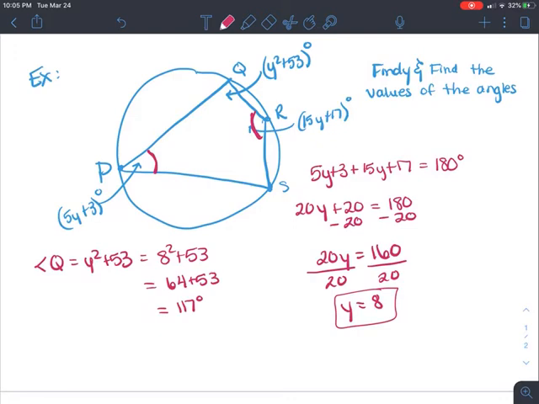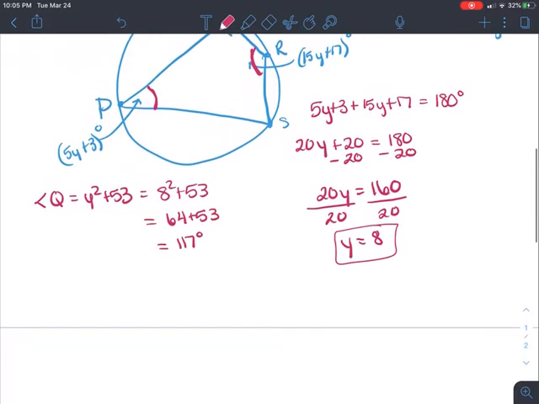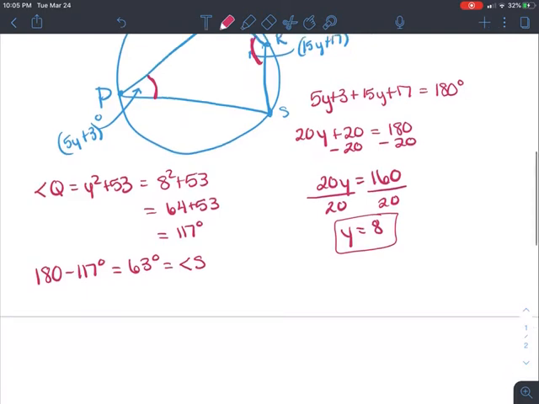Then, I can do 180 minus 117 degrees, which gives me a total of 63 degrees. That's the value of angle S, because angle S and angle Q add up to 180 degrees.